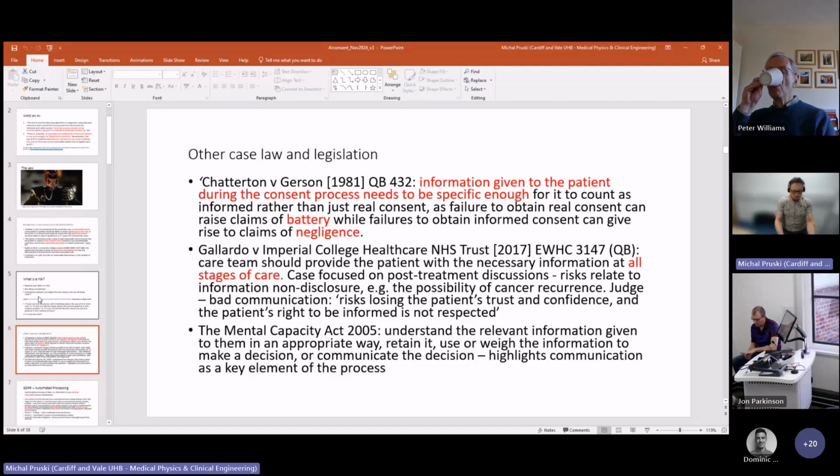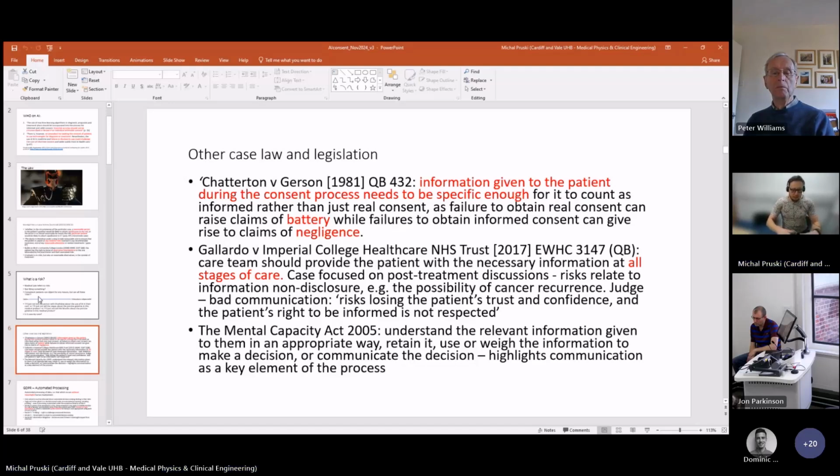So there's a bit more to what we communicate with patients than just the bare bones fact of whether we've actually gained proper consent from the patient or not. And again, whether the Mental Capacity Act is really that relevant here or not is a bit of a debate, but it also highlights the importance of good communication with the patient.